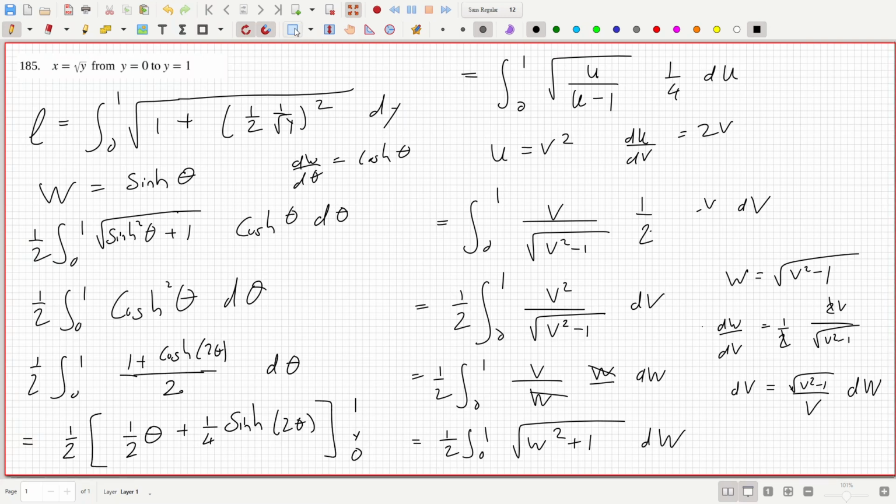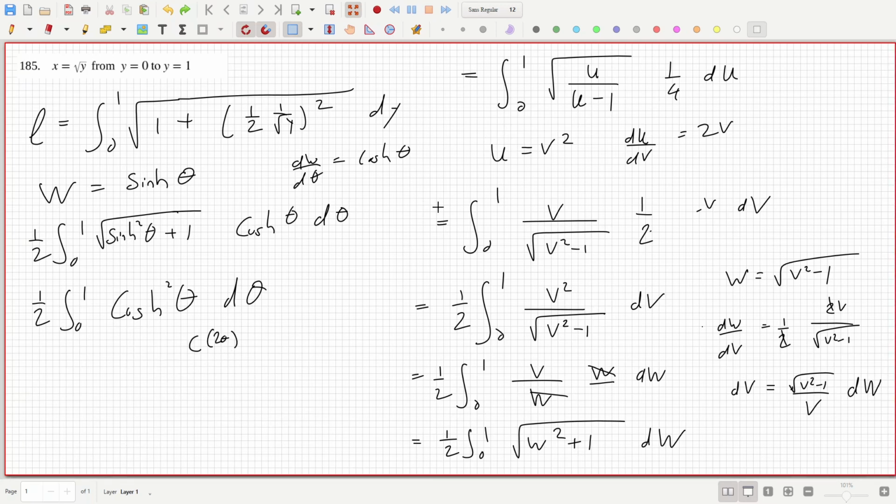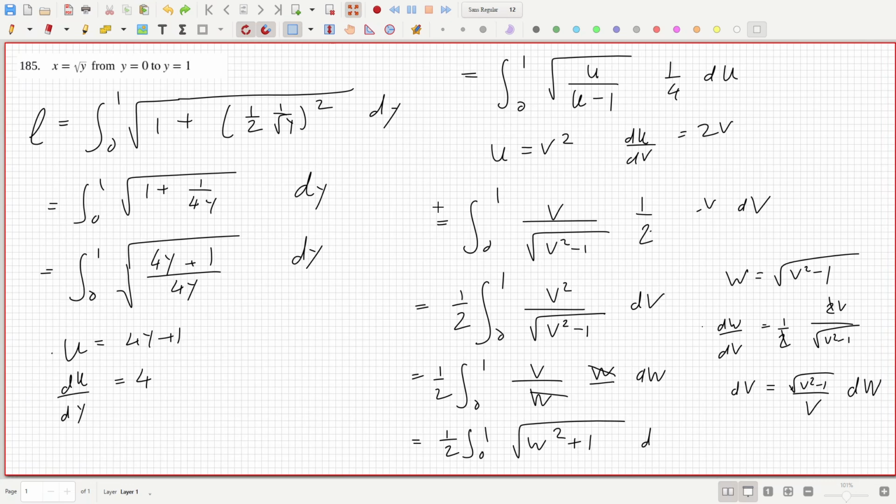Let me just copy this side here. Okay, and let's just go back in time to get the substitutions back up. Let me just get some paper and a pen and write these down. So the first one was u equals 4y plus 1, and then u equals v squared, and then w equals root v squared minus 1.